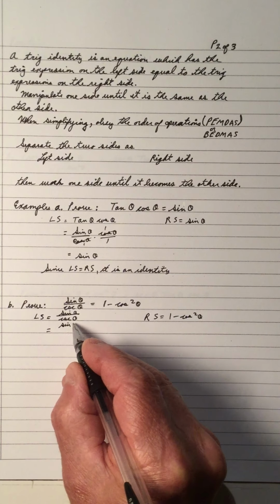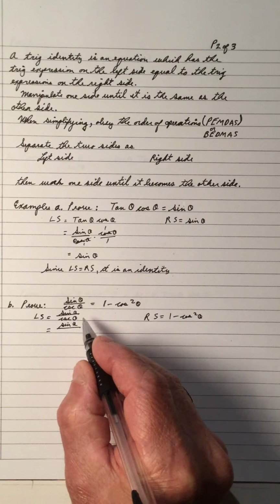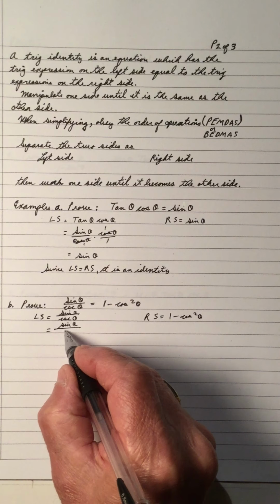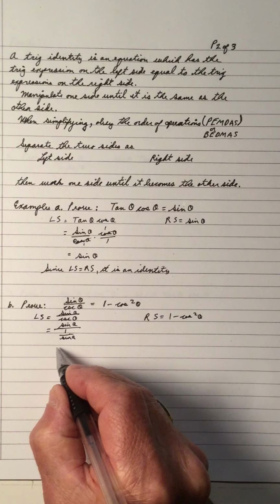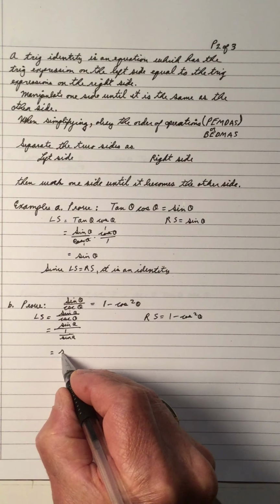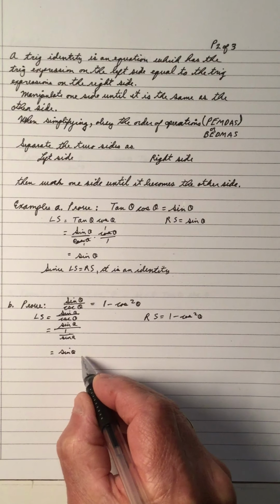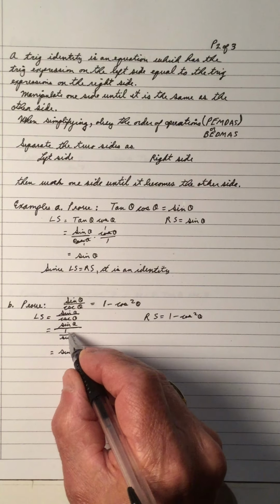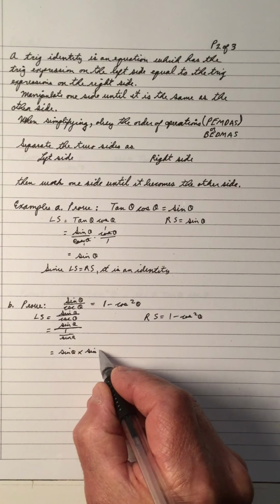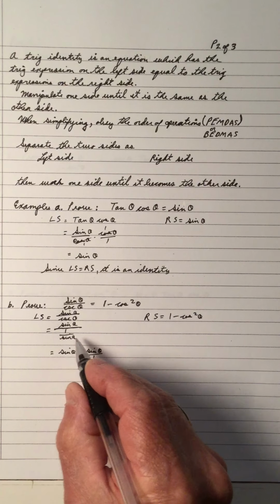Sine theta, and cosecant is 1 over sine theta. And we have sine theta, and this is the division here, so we're going to multiply by the reciprocal of the bottom, which is sine theta over 1.